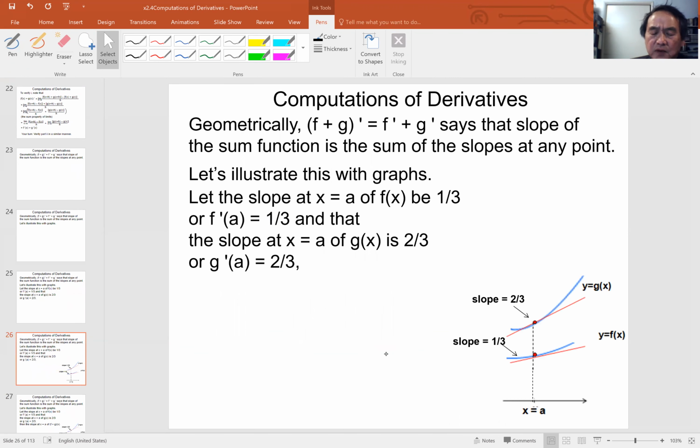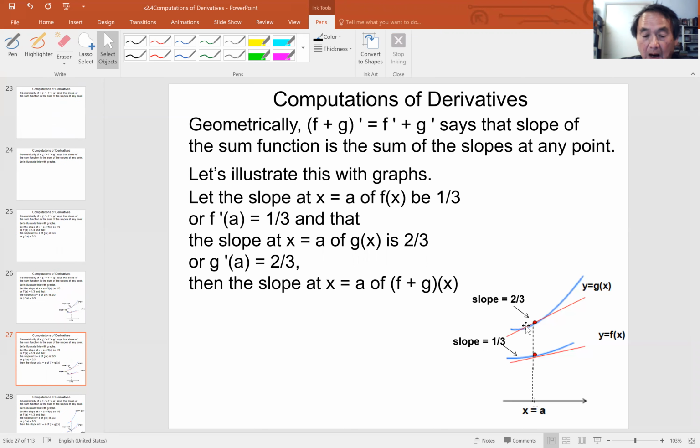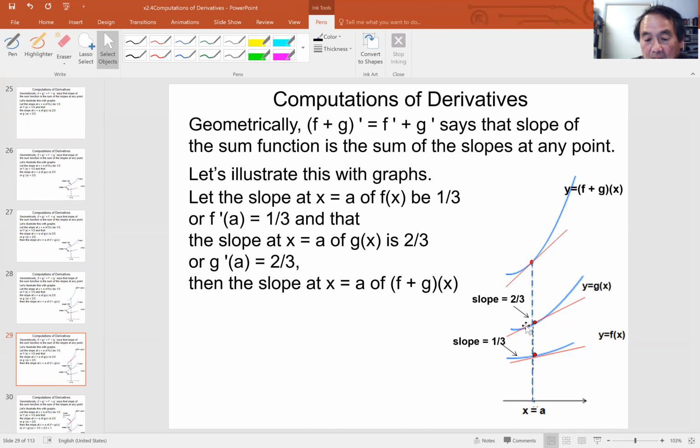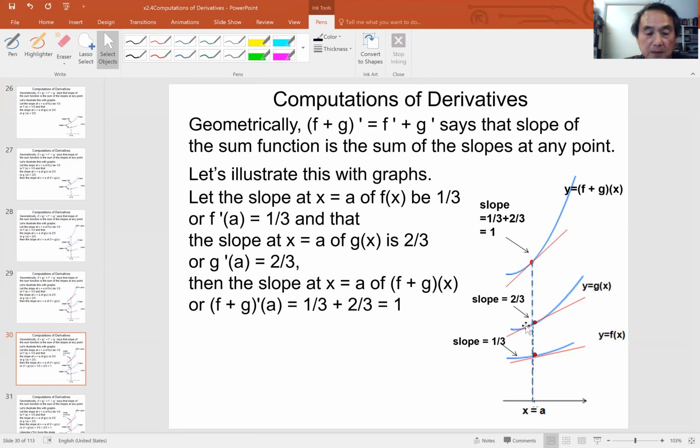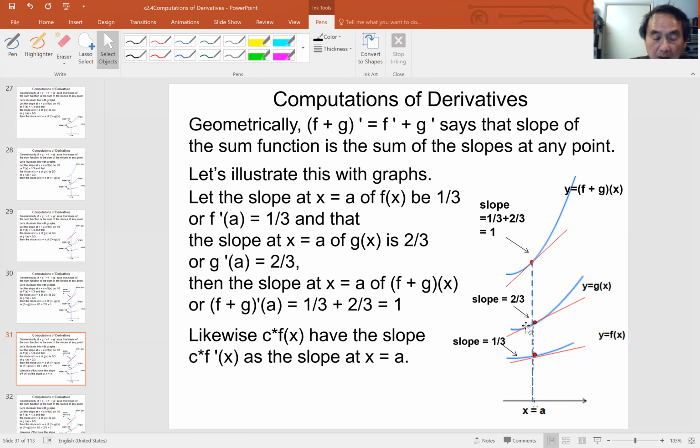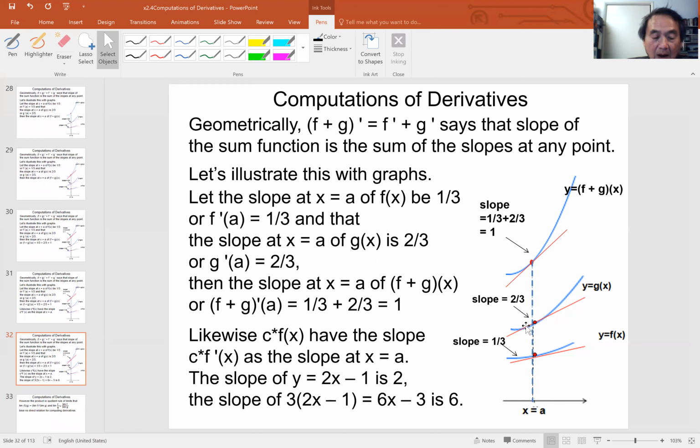That's reasonable because if I have two functions and the derivatives are the slopes, say the slope at a point a of one is 1/2 and the other is 2/3, now if I add the two formulas together, I get a steeper formula, and the slope at that point of the sum will be the sum of the two inclinations. That's what this rule says in geometry.